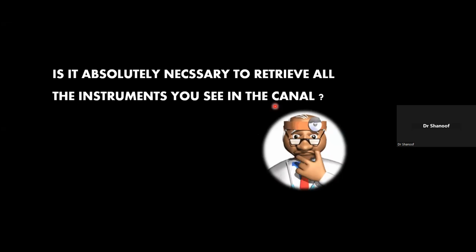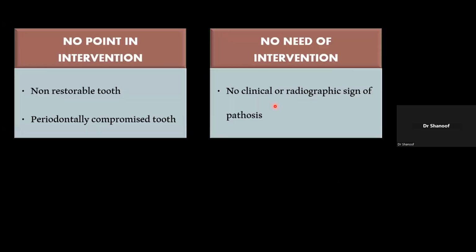So when don't you have to retrieve the instrument trapped in the canal? There are two absolute contraindications for file retrieval. The first is when the prognosis of the tooth is hopeless, and the tooth is very mobile and periodontally compromised, and it is non-restorable at all. The second is when there is no clinical or radiographic sign of pathosis.